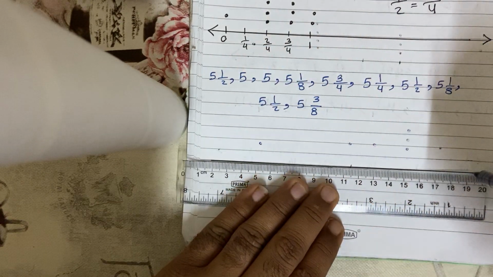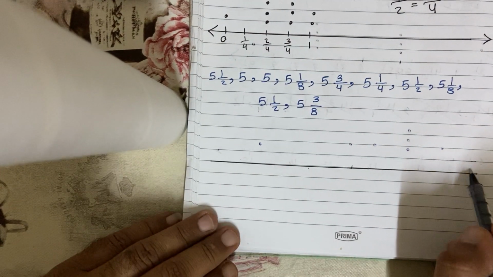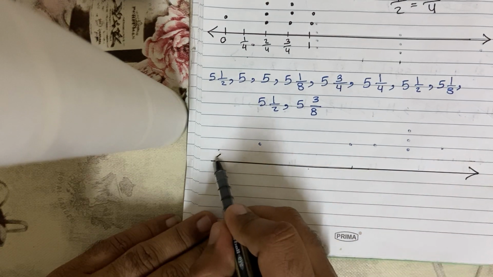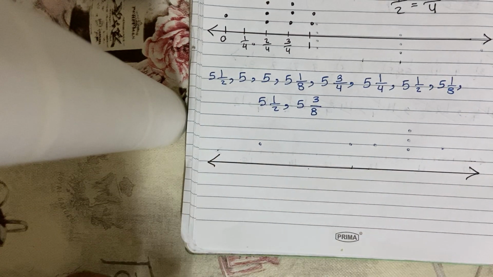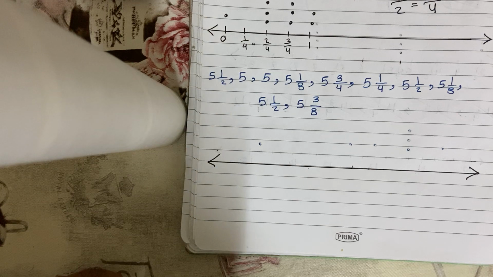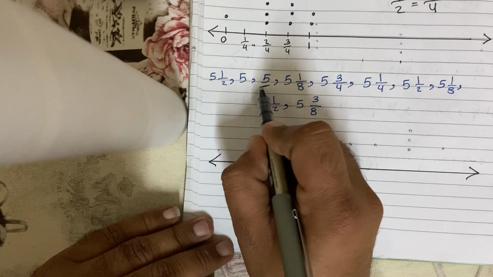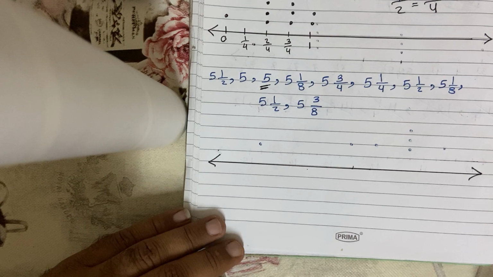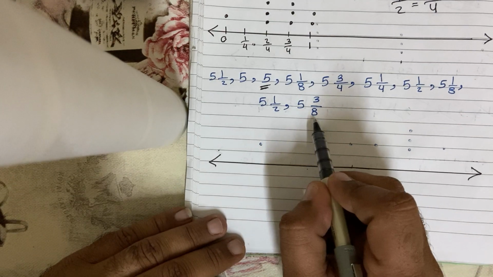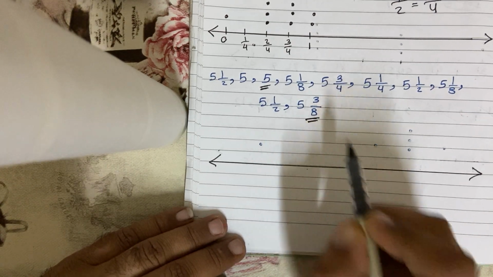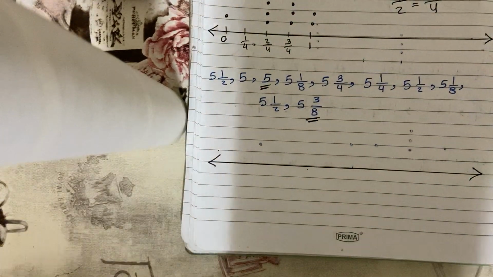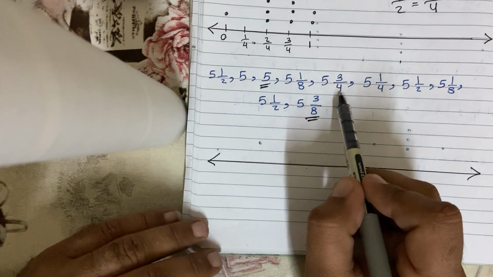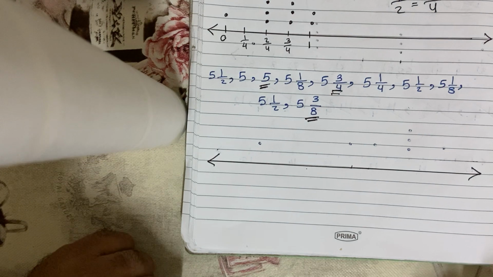Let's draw the line plot and choose our scale. The smallest number here, I think, is 5. And the greatest number here is 5 and 3 over 8. Or 5 and 3/4. Whatever.